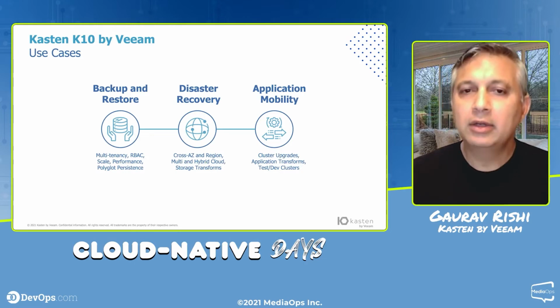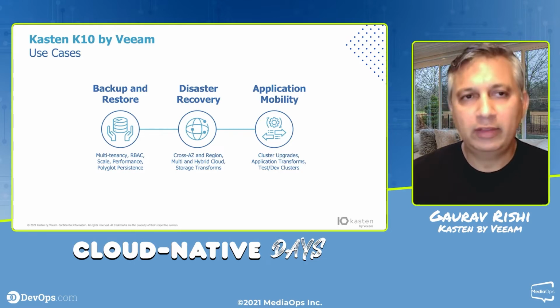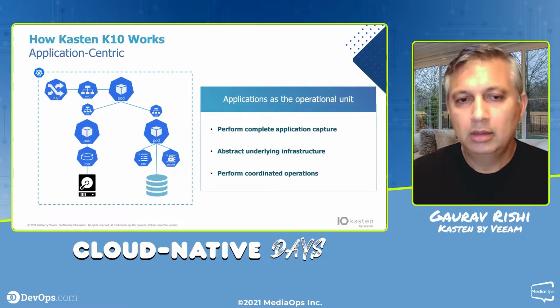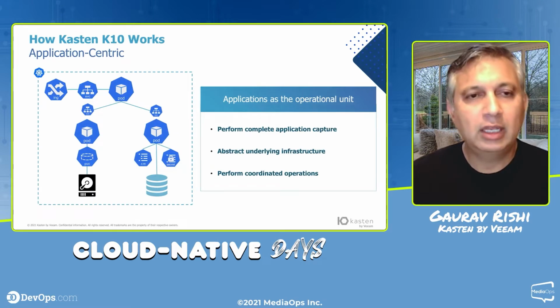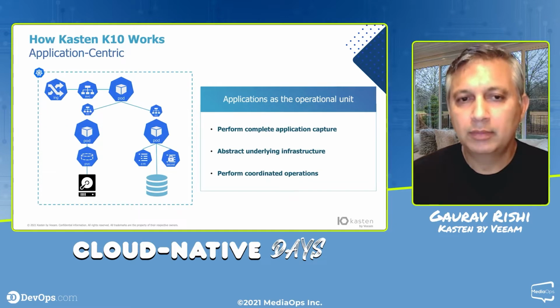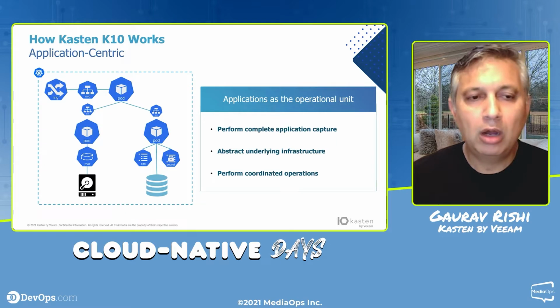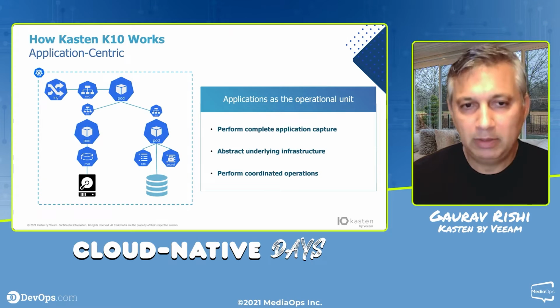So let's get under the hood and figure out how Casting K10 works. The first point is Casting K10 uses applications as a unit of atomicity. So if you look at a sample cloud native application, which is what you see in the dotted blue line, it's made up of multiple microservices. There might be a pod which is connected to a persistent volume, in this case, a storage with a persistent volume claim, a PVC.